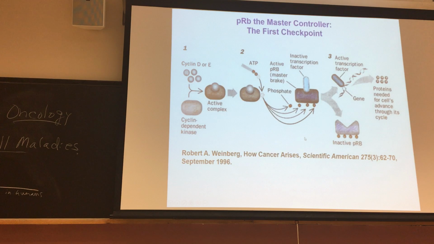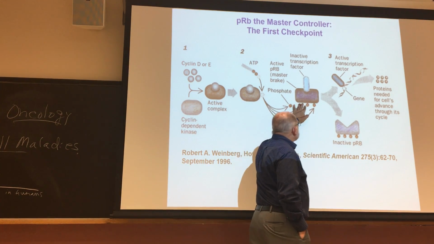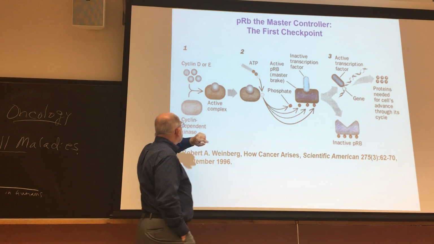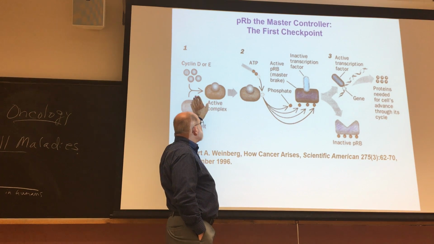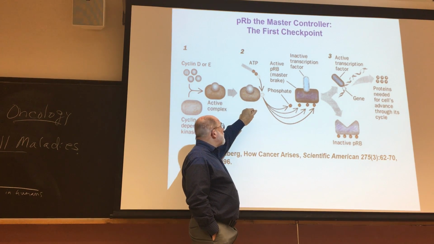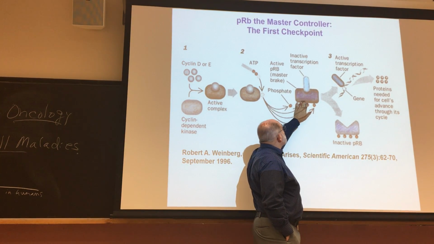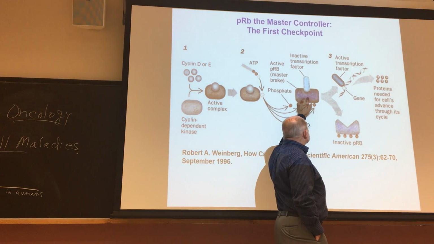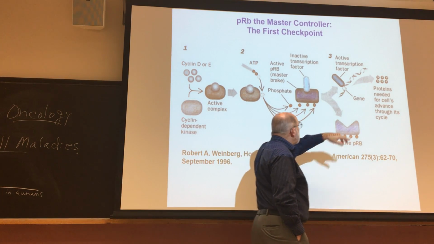Let's see if we've got a picture. Here we go. Here is the pRB protein. And if you have the cyclin kinases that are going to stimulate cell division, this is going to phosphorylate RB, and when RB is phosphorylated, it no longer binds these transcription factors, so cell division can occur.